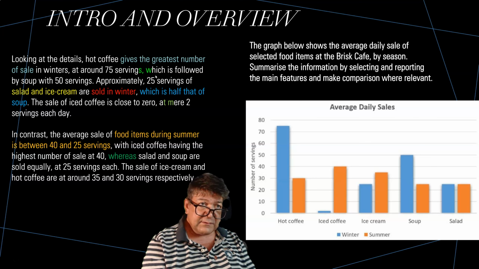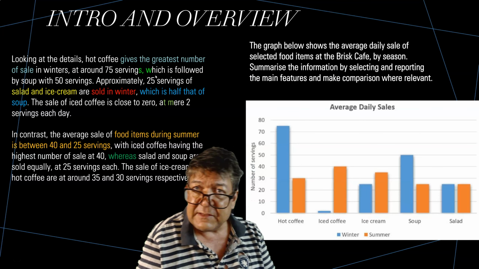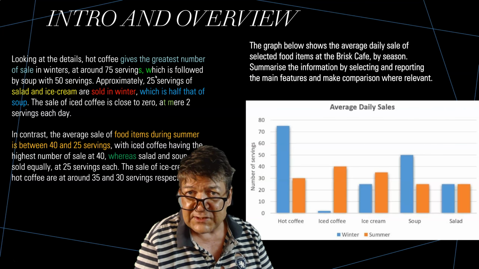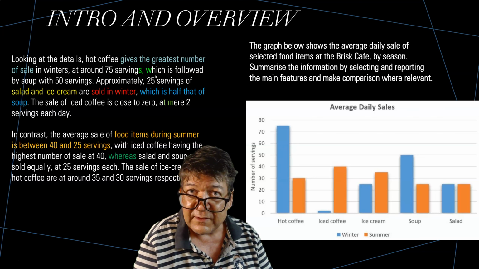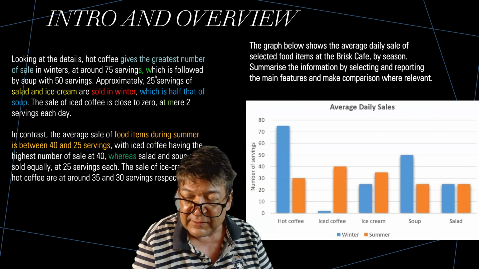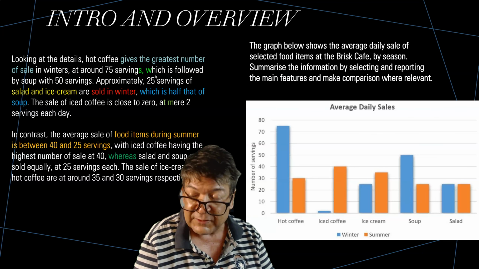Whereas sale of ice cream and hot coffee at around 35. There's all kinds of comparisons you could make here. Iced coffee, in the summer, iced coffee outsells hot coffee by 20% or 25%, 30 to 40. Right? What's 25% of 40? 10. That's quite clearly, you can say that it compares to this by this much.